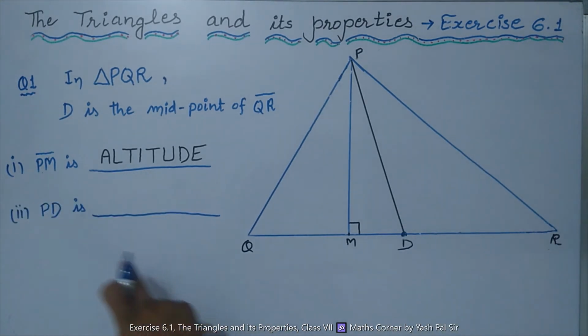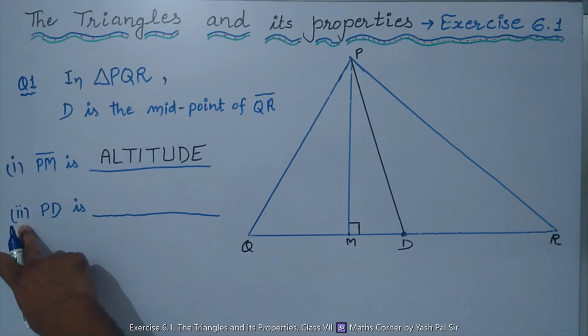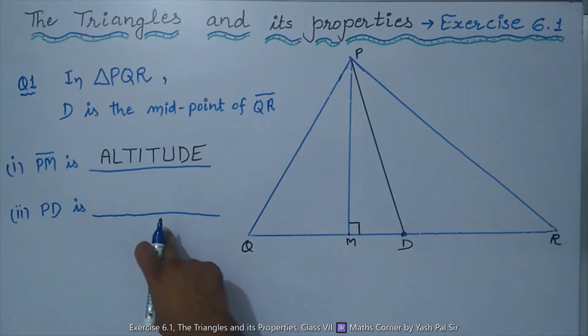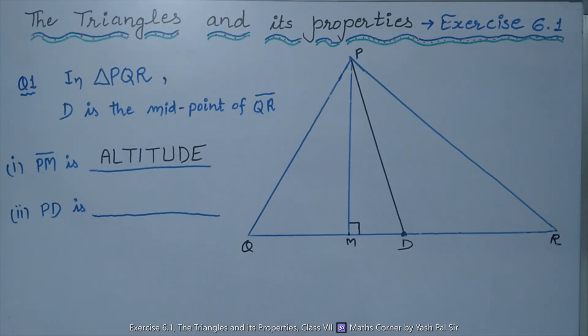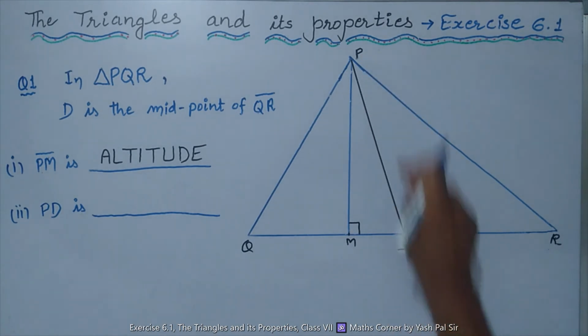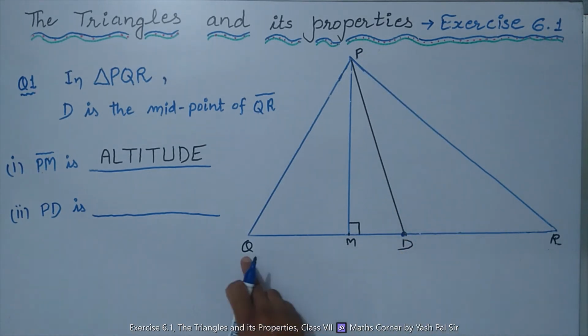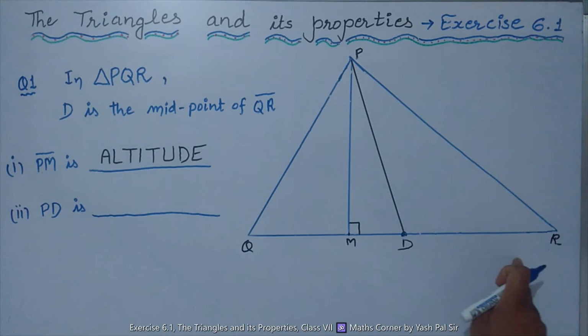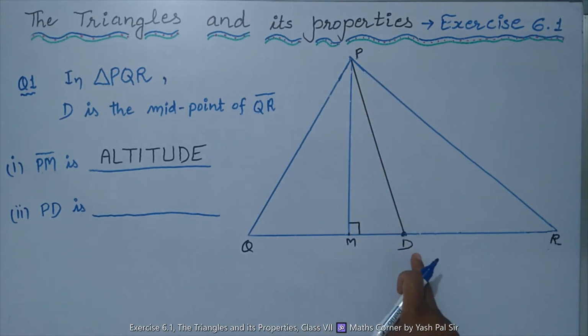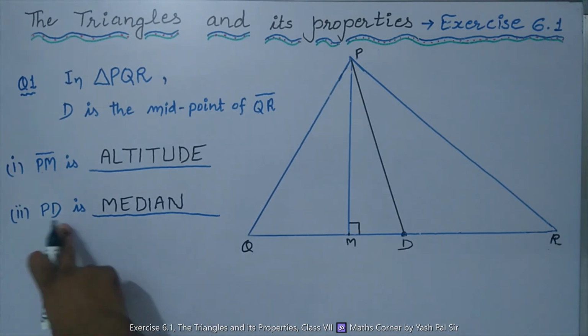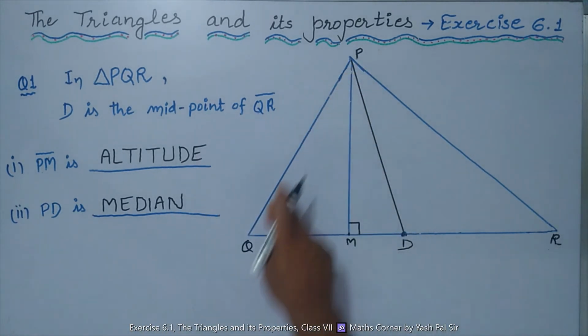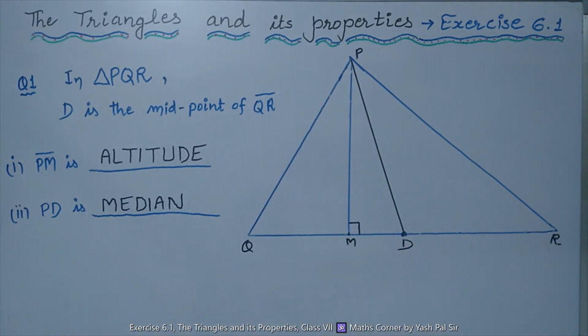Second part: PD is blank. What is PD? Because D is the midpoint of side QR, therefore PD is called the median. PD is the median of the triangle PQR.